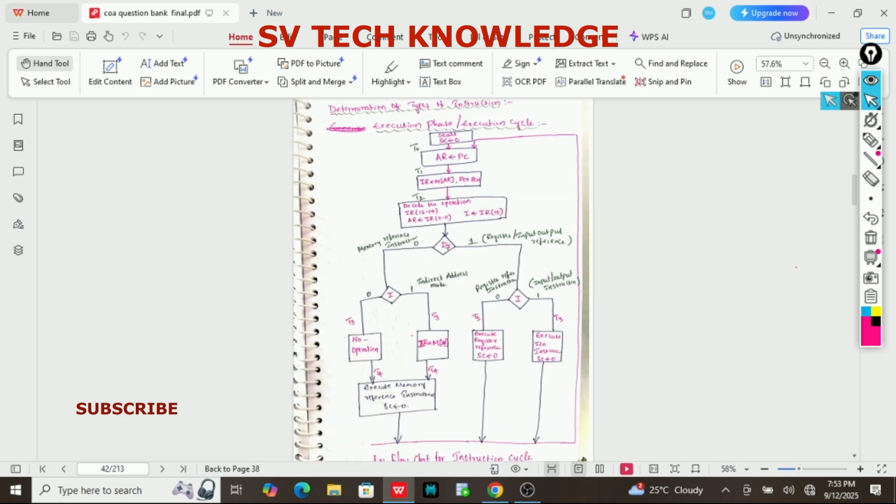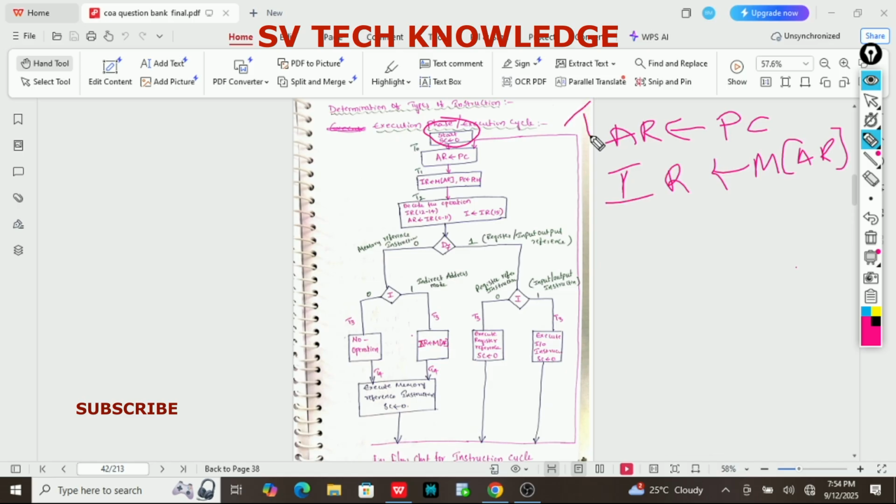Here I am explaining everything clearly. When it starts, the content in PC will be transferred to AR. From AR, the memory content will be transferred to IR.